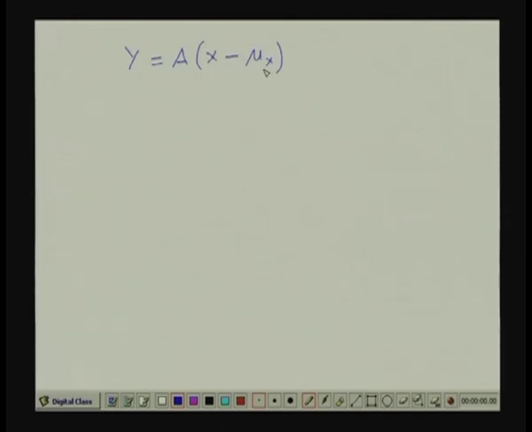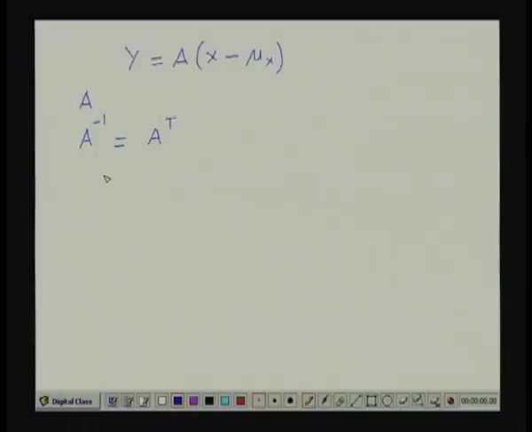Now, the rows of this matrix A are the eigenvectors of the covariance matrix Cx. So, A consists of rows which are orthogonal vectors, and because the rows of A are orthogonal vectors, this simply says that the inverse of A is nothing but A transpose. So, now the inverse of A is very simple.